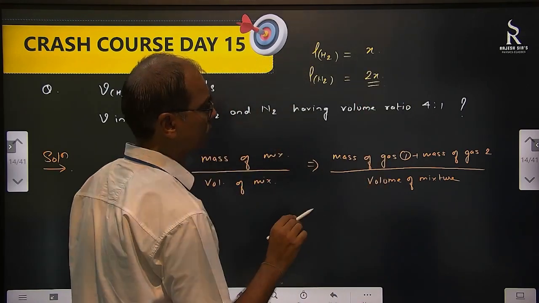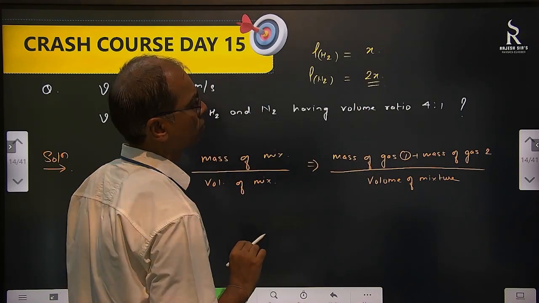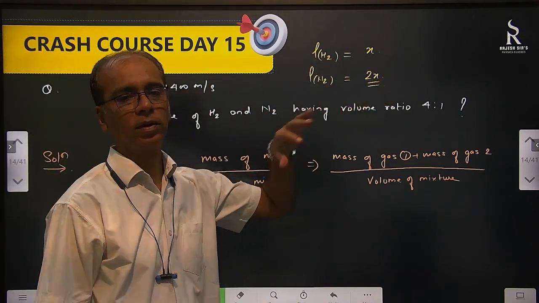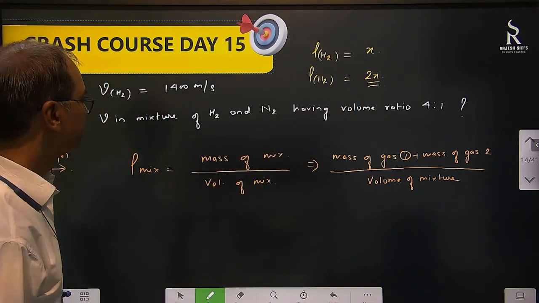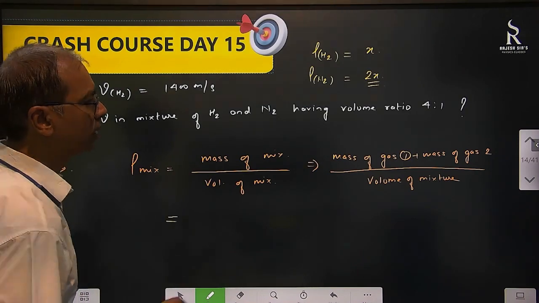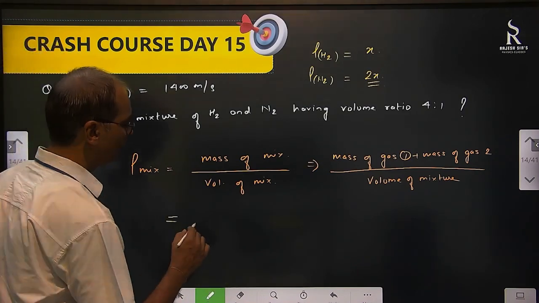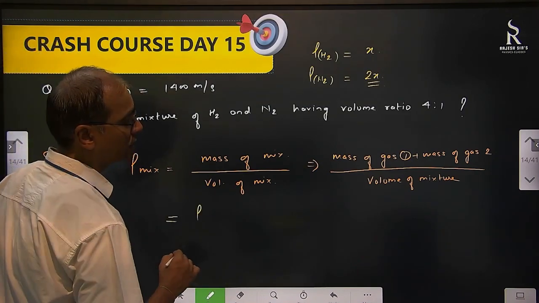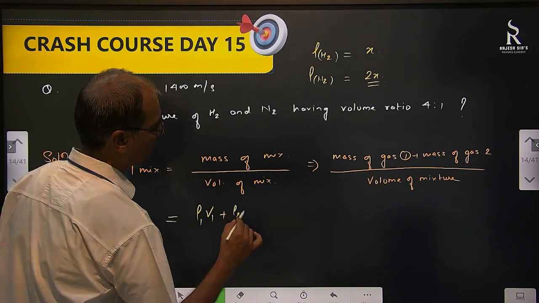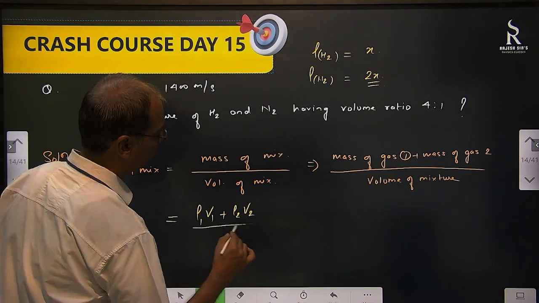Will it work for us? Normally some value will be given, so I have written it as x and 2x. So density of mixture we have written as mass of gas 1 plus mass of gas 2 by volume of mixture. So mass of gas 1 we'll write as density of 1 into volume of 1 plus density of 2, volume of 2 by V1 plus V2.